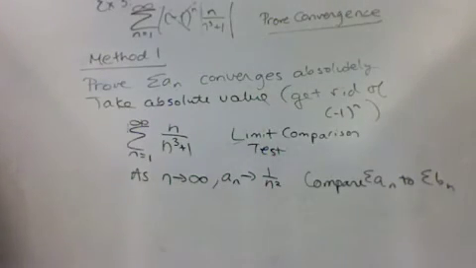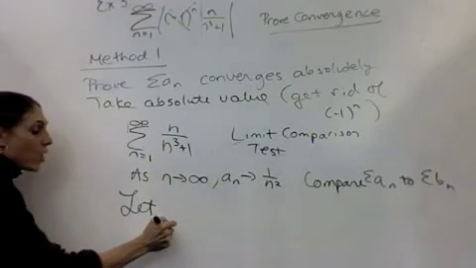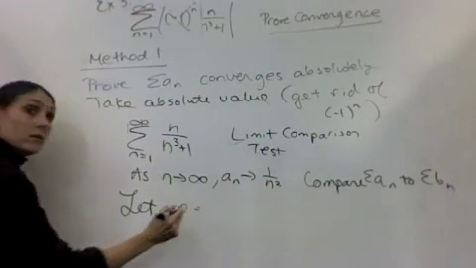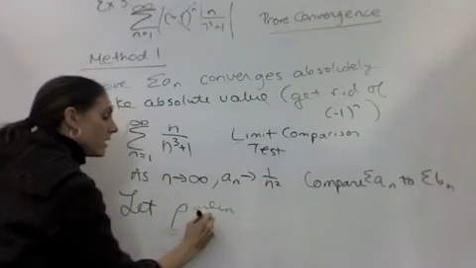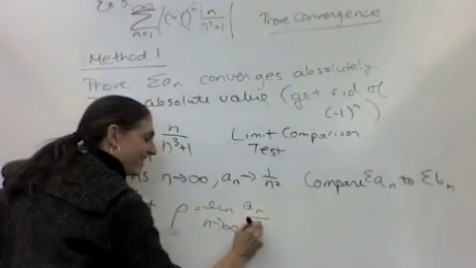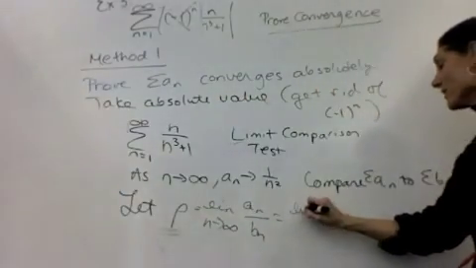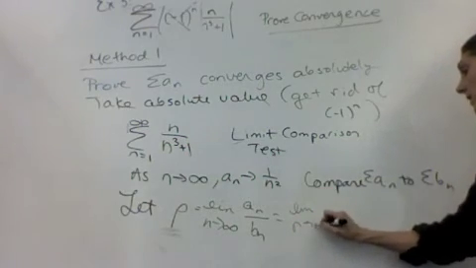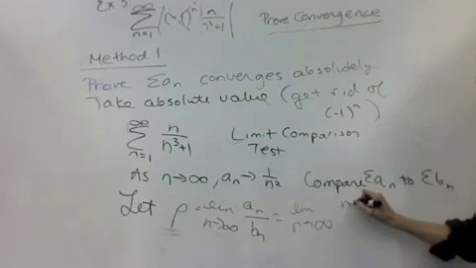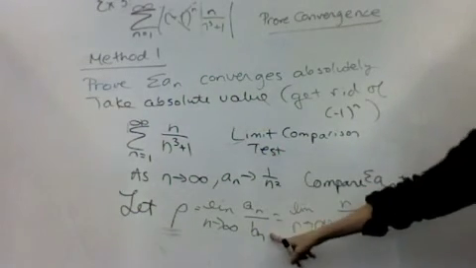So how do we do the limit comparison test, guys? Rho equals the limit as n goes to infinity of a sub n over b sub n, which is equal to the limit as n goes to infinity of n over n cubed plus 1 divided by b sub n.